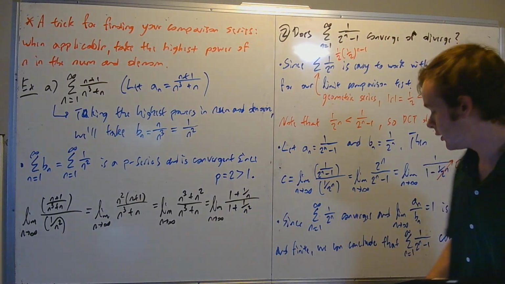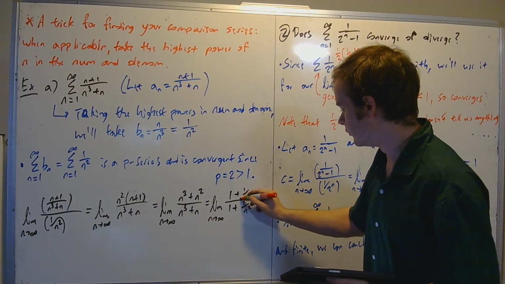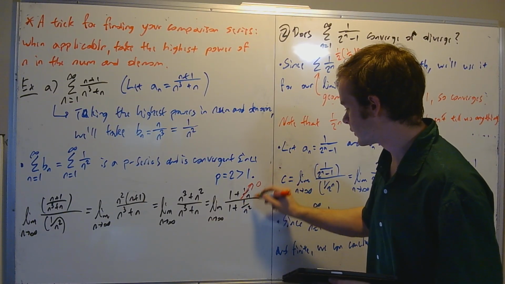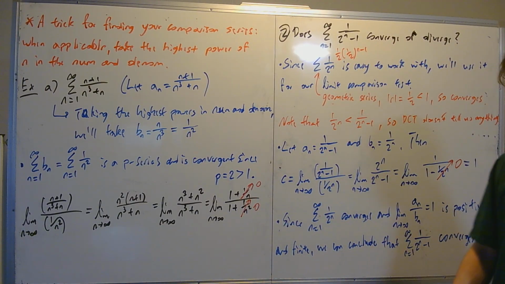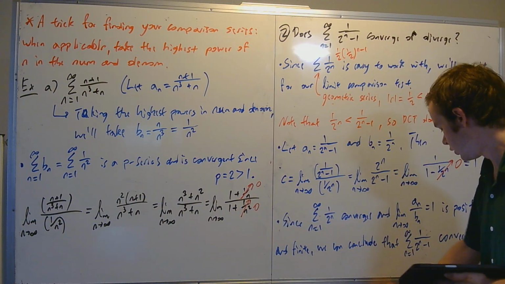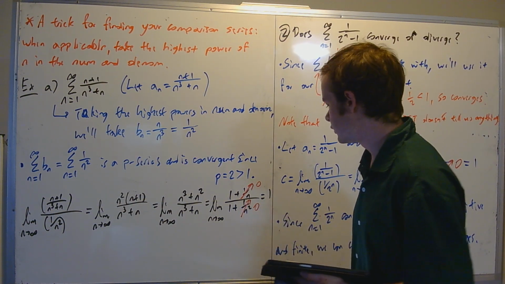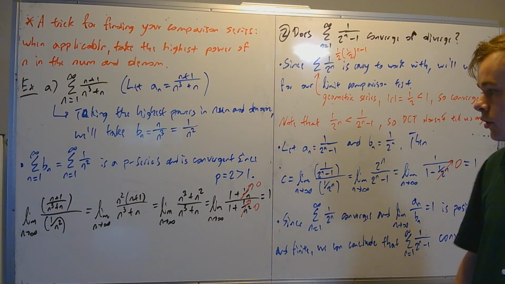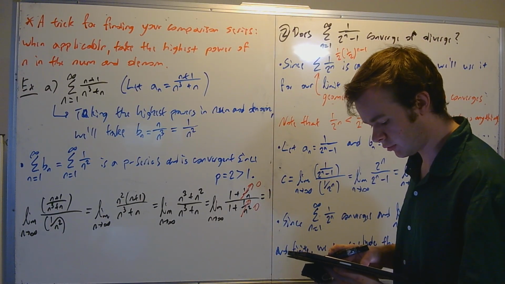And remember that n is going towards infinity, so this is going away, and this is also going away, because the denominators of those fractions are getting infinitely big. Now we're just getting 1 over 1, so our answer here is 1. So our constant c is actually 1, which is positive and finite. That's what we were looking for.